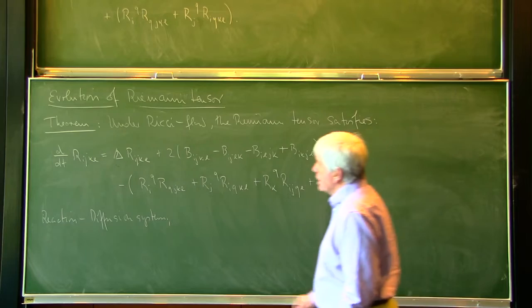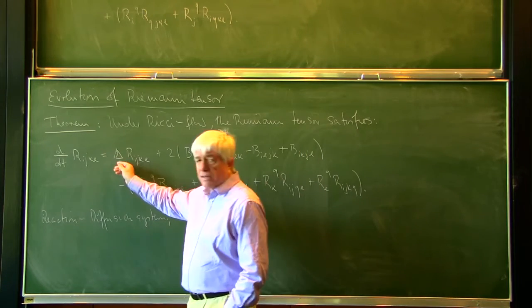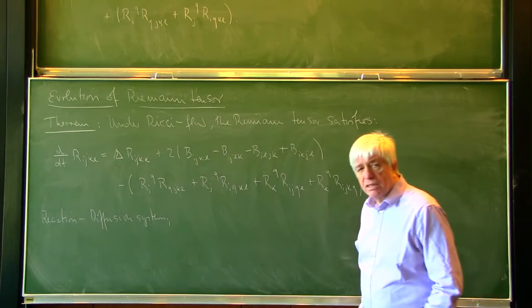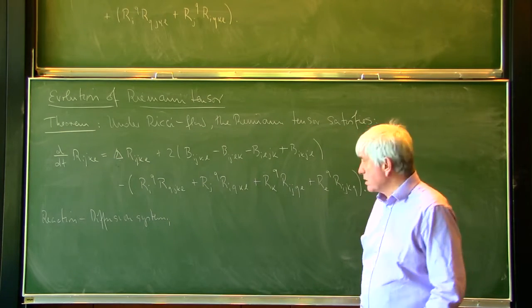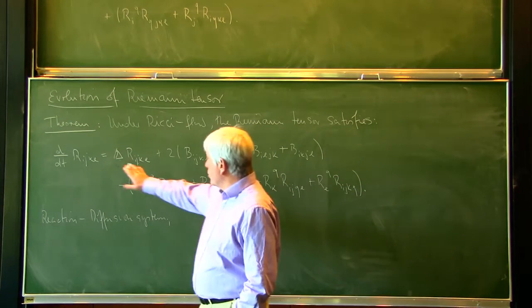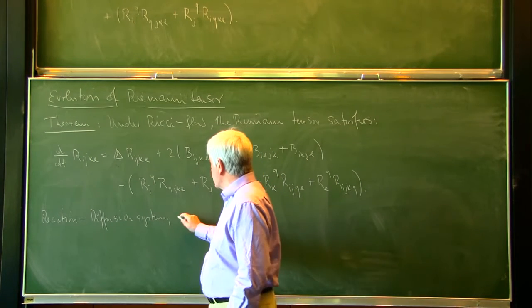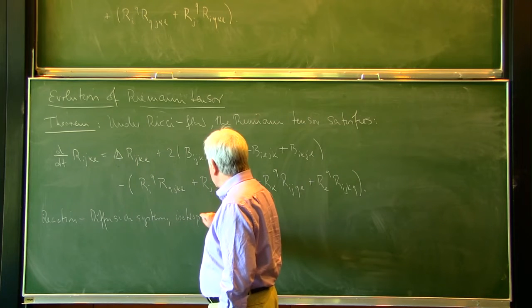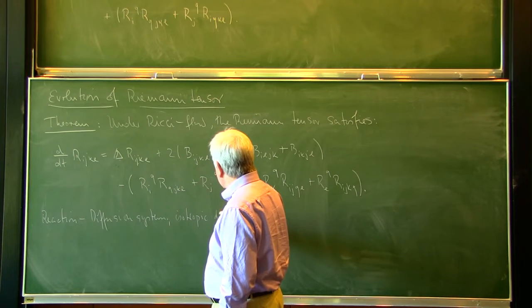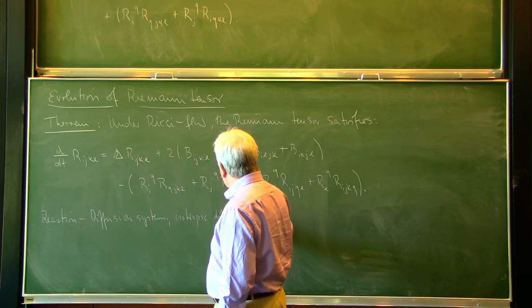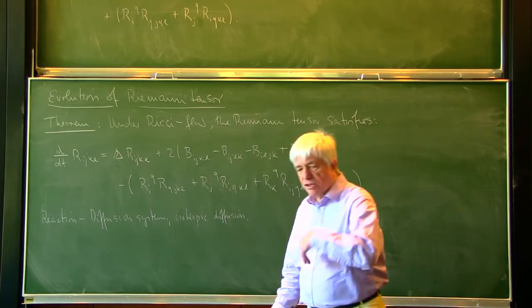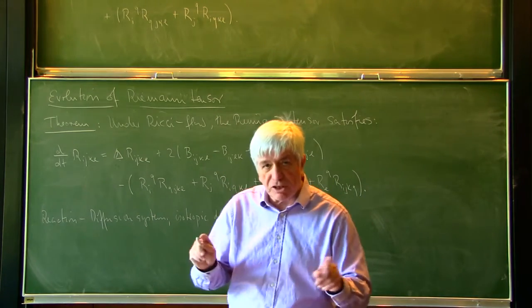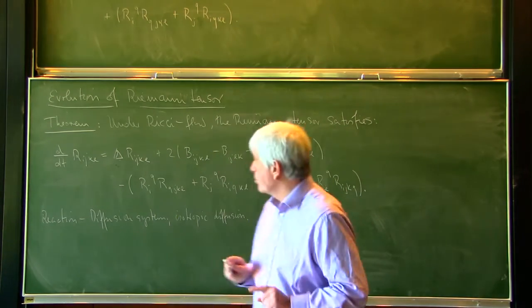Special in the sense that you have the same diffusion speed in all the components. You have exactly for all the components the same diffusion, so isotropic diffusion, and not just isotropic in all directions of space, but in all the directions of the curvature components.